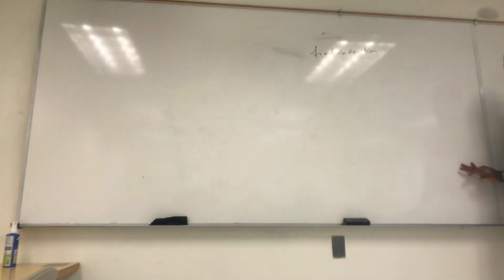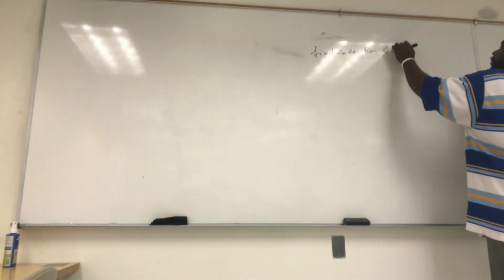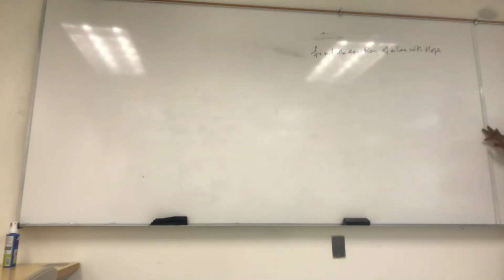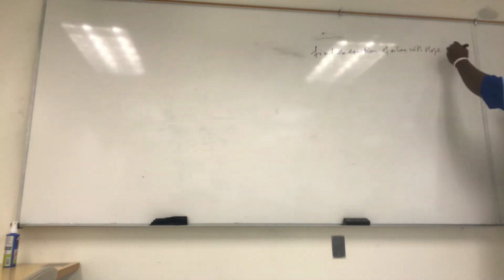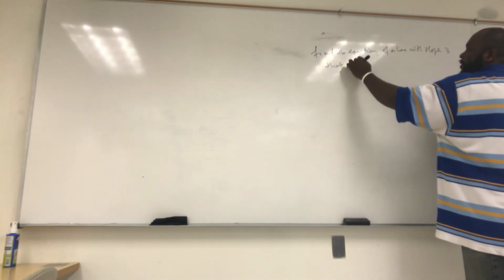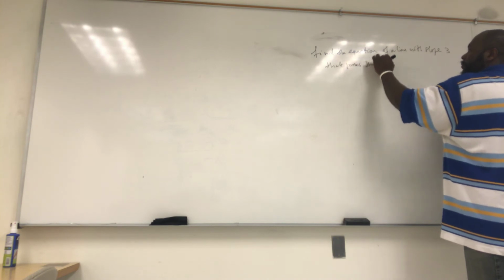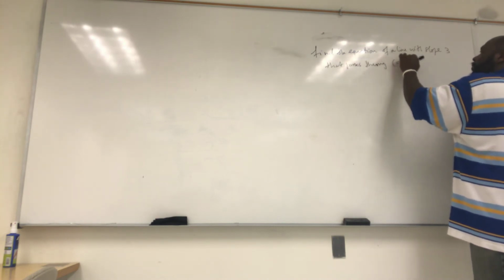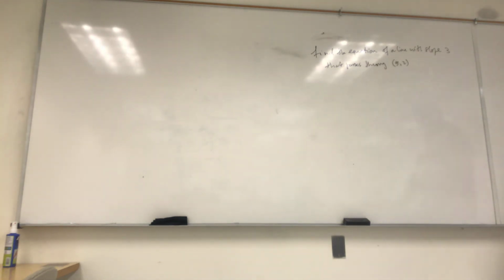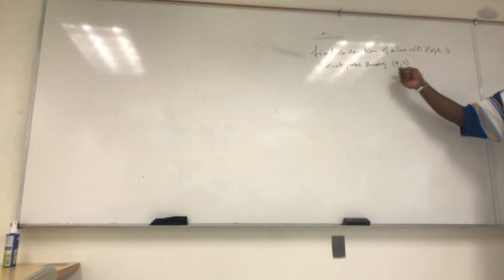Find the equation of a line with slope 3 that passes through the point (5, 2). Okay, that's a lot of things here. It's a word problem basically. So they say find the equation of a line with slope 3 that passes through 5 and 2.